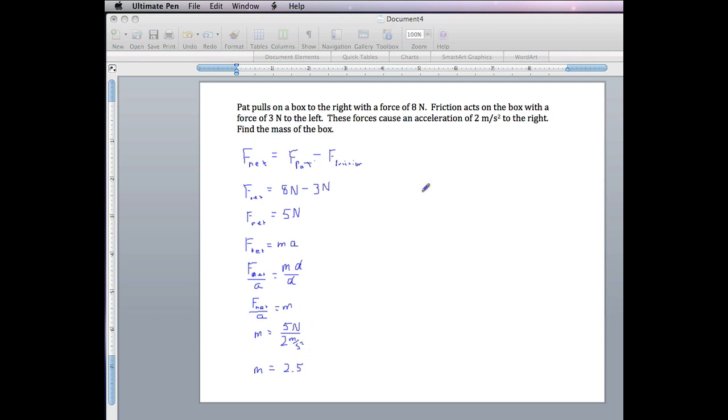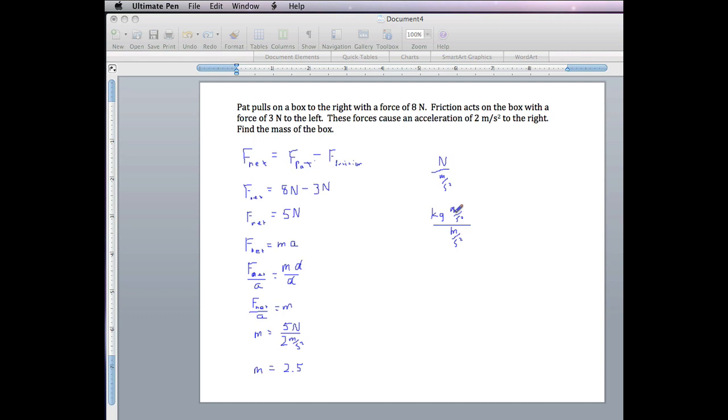Let's take a close look at the units. We have newtons divided by meters per second squared. Recall from the textbook that a newton is equivalent to a kilogram meter per second squared, and so we still have to divide that by meters per second squared.